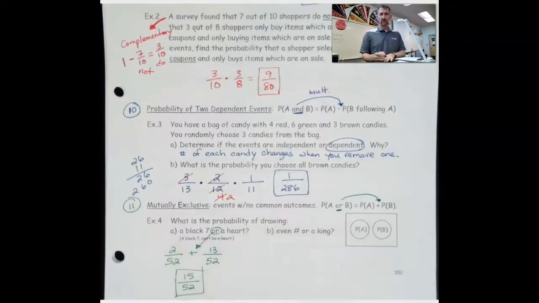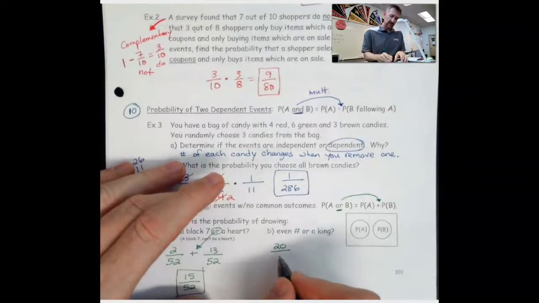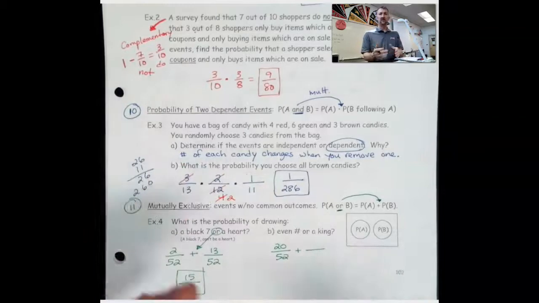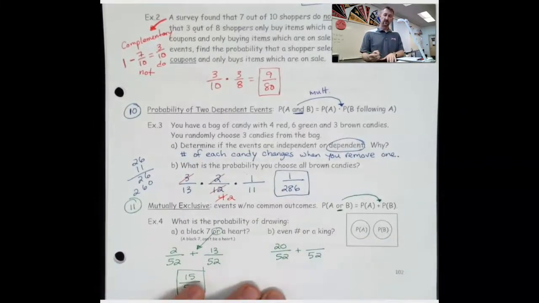An even number. Well, that's 2, 4, 6, 8, 10. There are 5 even numbers in each suit, and there are 4 suits. So 5 times 4 is 20. So there are 20 even numbers out of 52 cards. Now those are both even, but I don't want to reduce them because I know that I'm talking about cards, and I'm going to have 52 cards over here as well.